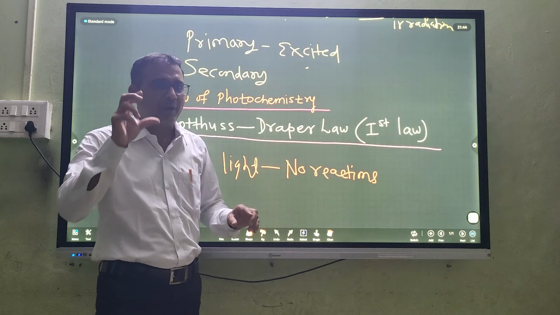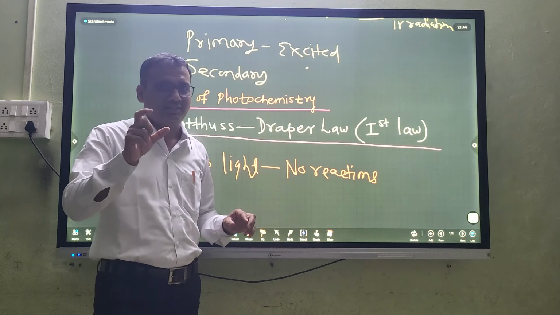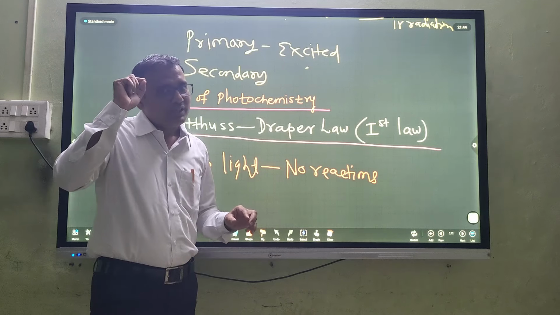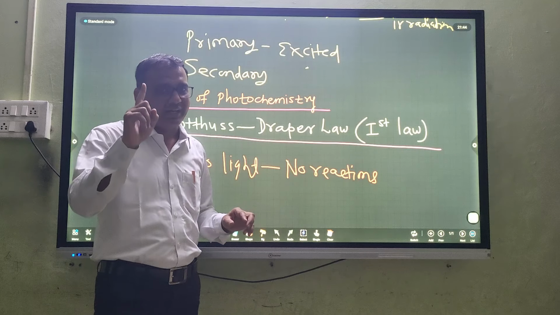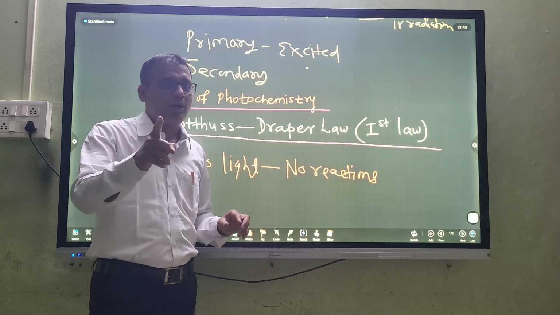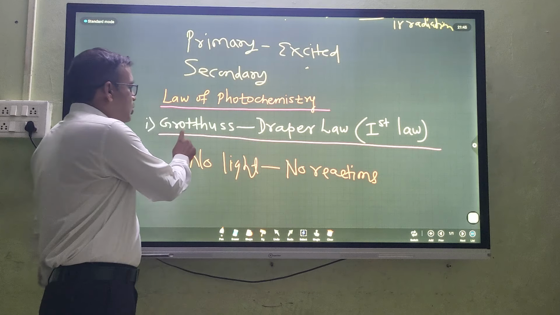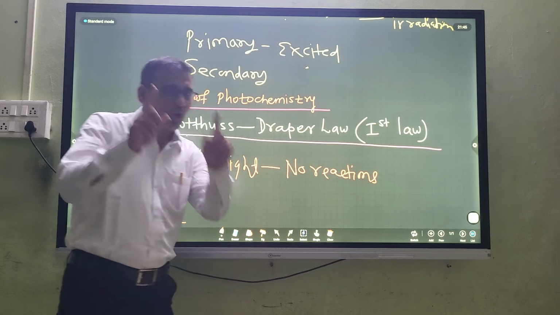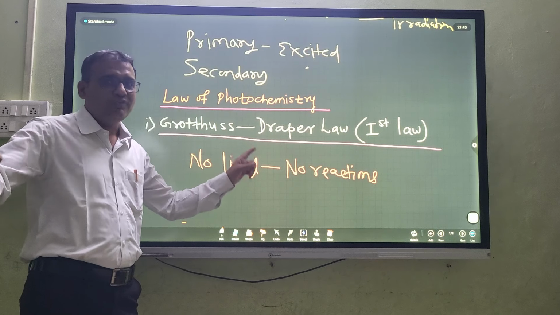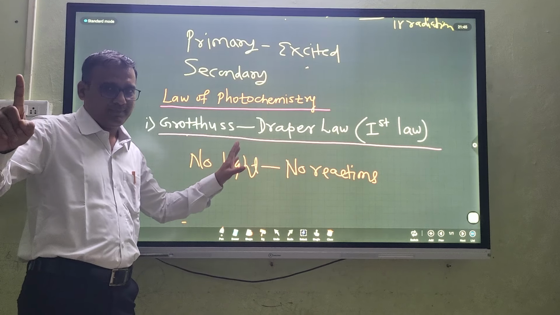It means only particular types of radiations are essential for chemical reactions. This is explained by the Grotthuss-Draper law, also called the first law of photochemistry.